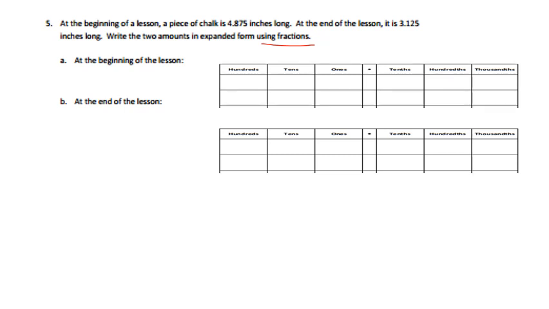So I'm going to take the first one, which is 4 and 875, and write it in here. The second amount was 3 and 125. So on the first one, it's going to be 4 times 1, because it's in the ones place, plus 8 times, and it says fraction, so I have to go 1/10 place, plus 7 times, this is the hundredths place, so it'll be 1/100th, plus 5 times 1/1000th.